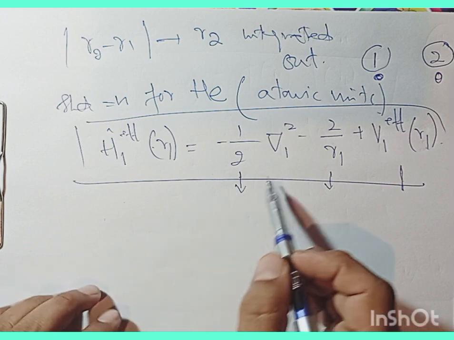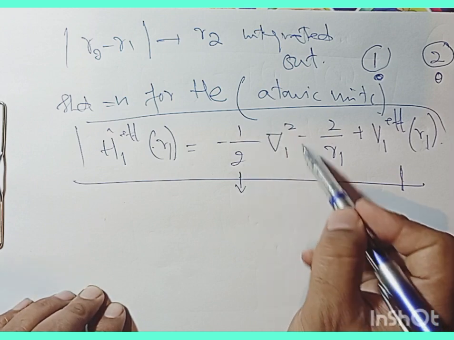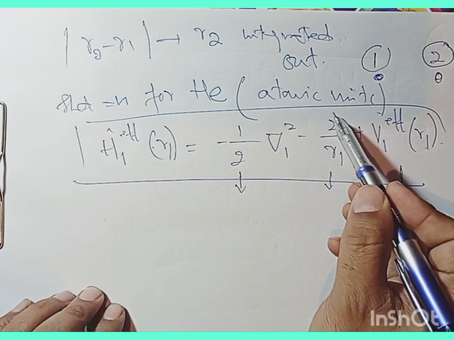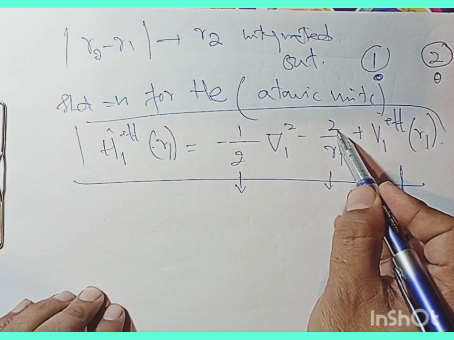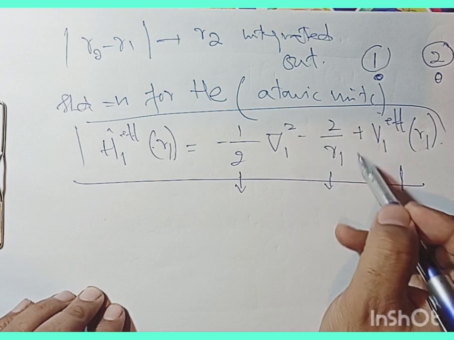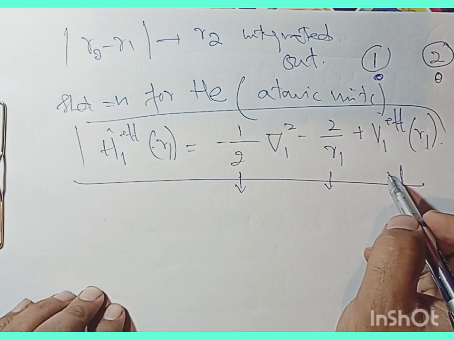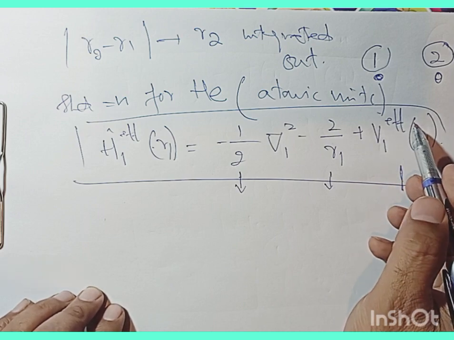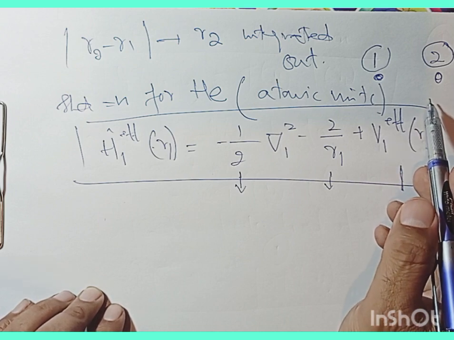The first term is the kinetic energy of electron 1, and the second term is its attraction to the plus 2 nuclear charge, because of the 2 protons in the nucleus of the helium atom. The last term is the averaged potential energy due to repulsion with the second electron, which is chosen to be the charge distribution.